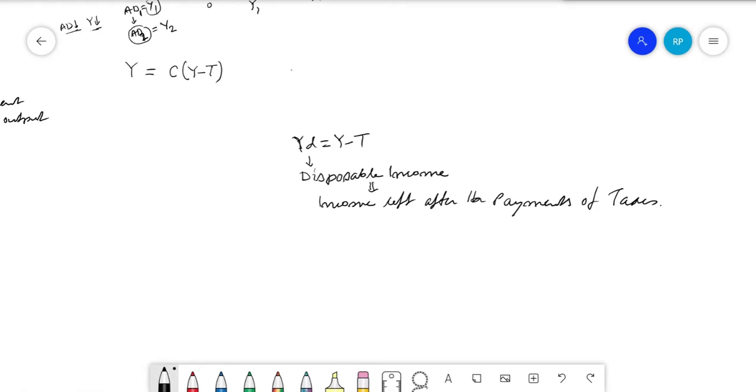First you pay the taxes, then the income left is known as the disposable income, and your consumption or saving both depend on disposable income. So it is not income, it is disposable income that decides your level of consumption.